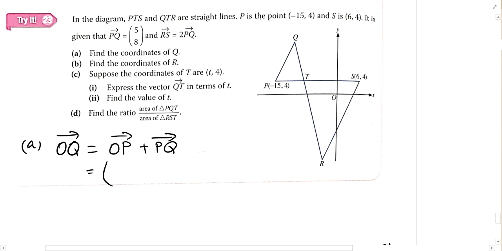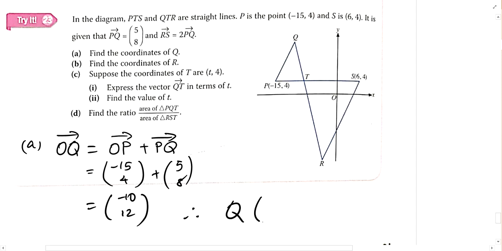Then OP, I've got a position vector of P. This will be (-15, 4) plus PQ, (5, 8), giving me (-10, 12). So Q will be (-10, 12).